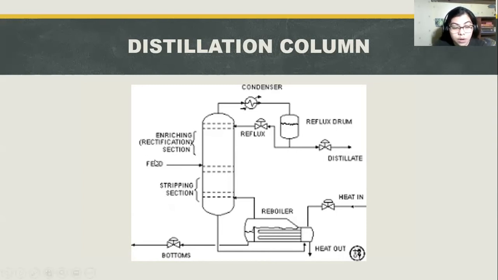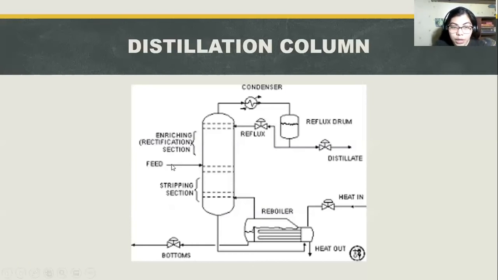We have here the liquid mixture known as the feed, and it is introduced somewhere here in the middle known as the feed tray. Note that the distillation column is divided into two sections, the upper and the lower section. The upper is known as the enriching or rectification section, and the lower is known as the stripping section.